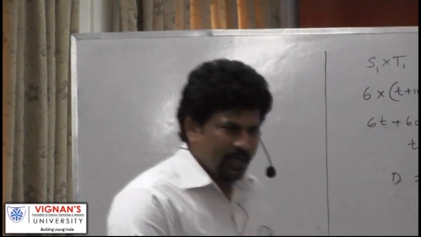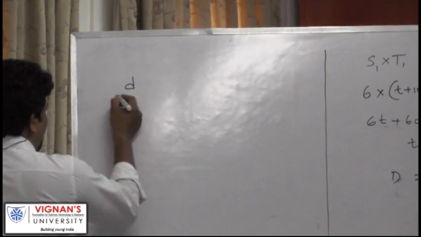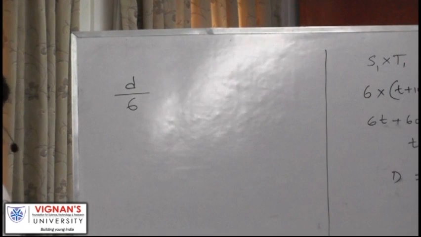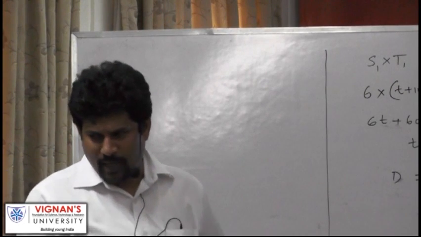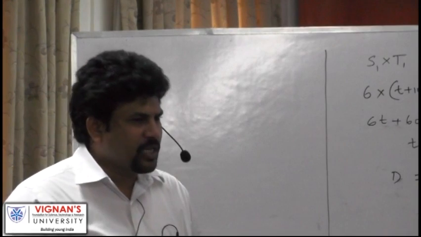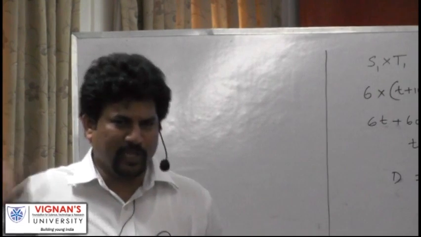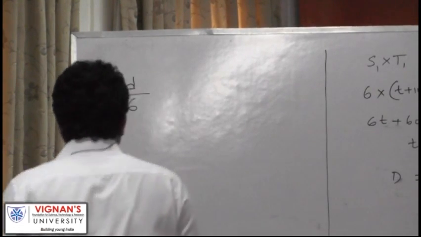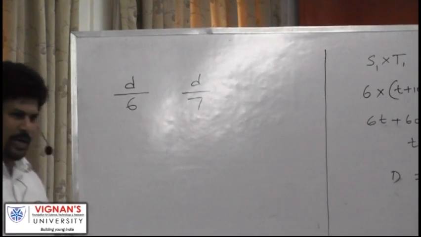Let us suppose the distance is d. First time speed is 6. So distance by speed will give you time taken. First case, distance traveled is d, speed is 6 kilometers per hour, so d by 6 is the time taken in the first case. Now similarly, the same distance is traveled at a speed of 7. Now this is the time taken in the second case.